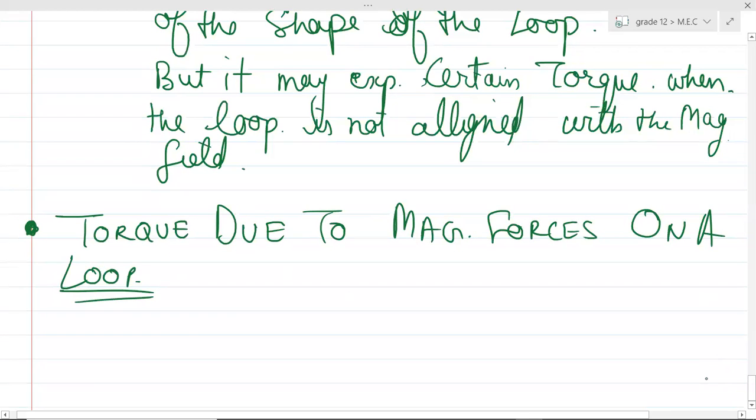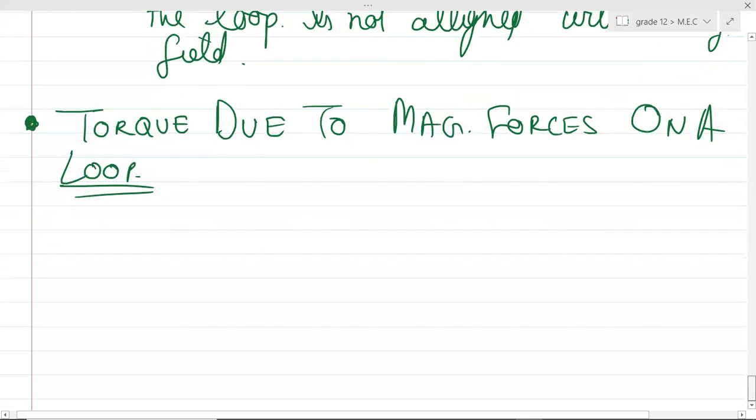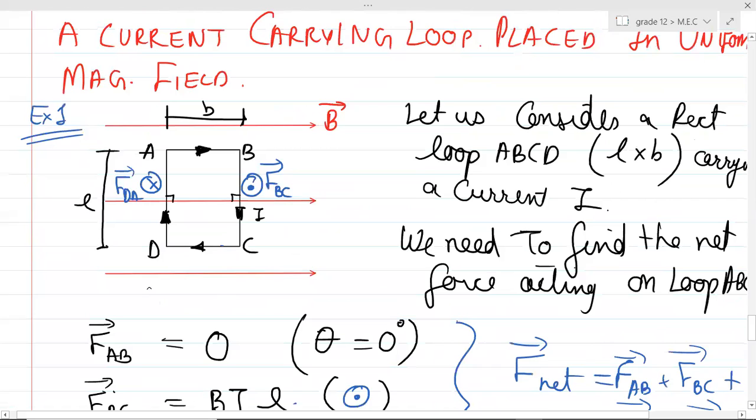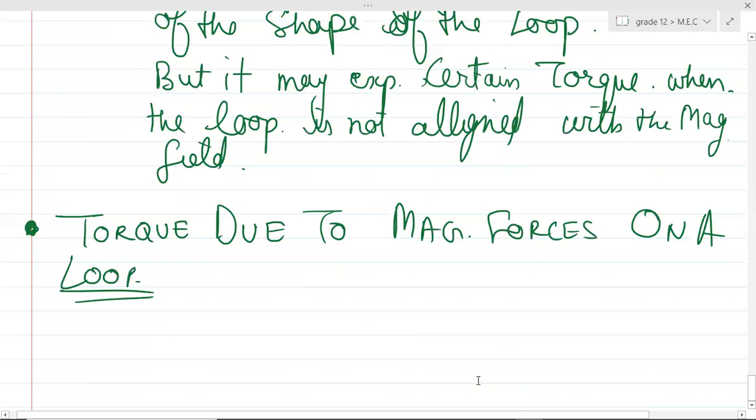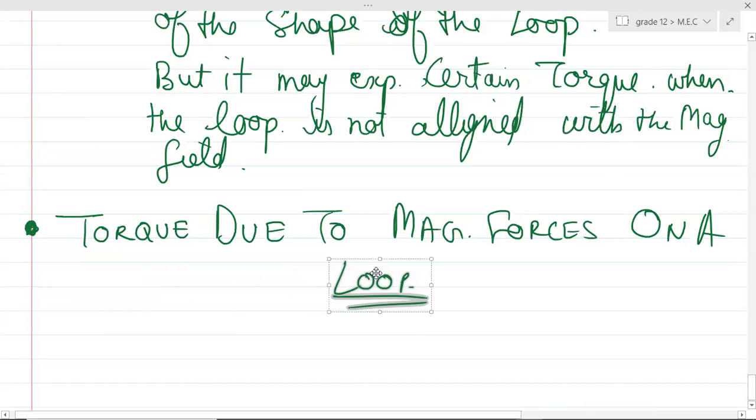So guys, basically we are saying what is the torque due to magnetic forces on a current carrying loop.